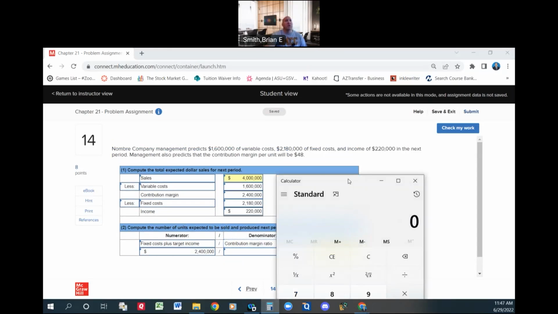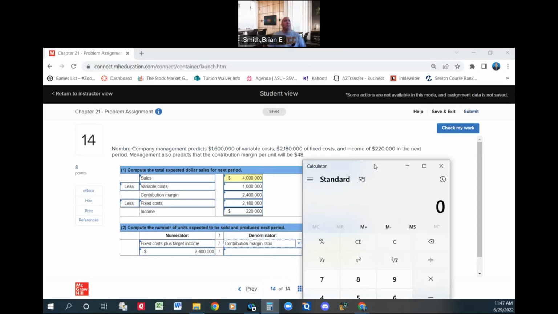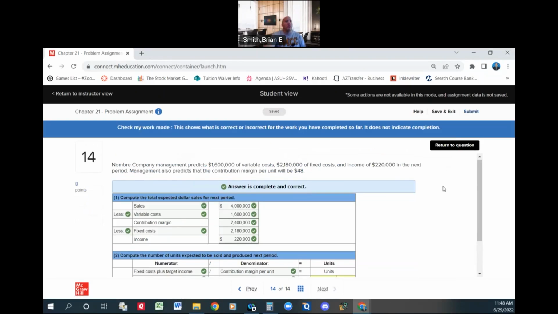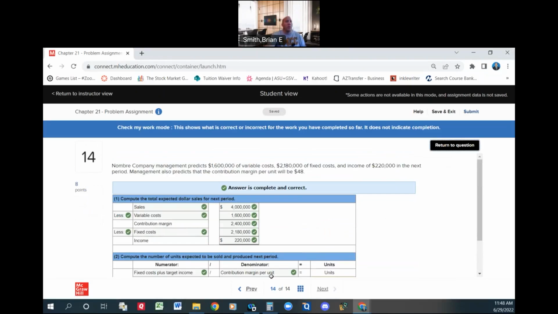Sorry, it is contribution margin per unit, $48. I think I put that in wrong. That's what threw me off. So it should be 50,000 units. All right, there we go. Yeah, it's contribution margin per unit, not the ratio. The ratio is to get the dollars.